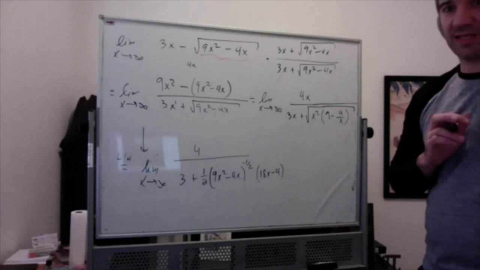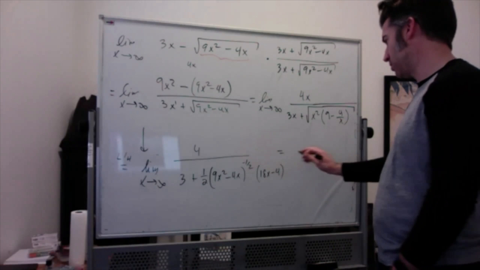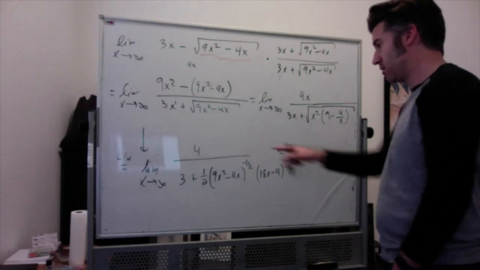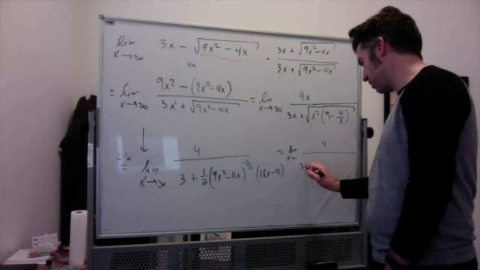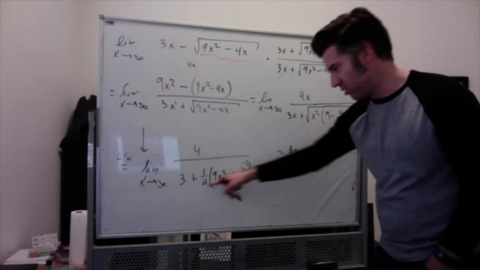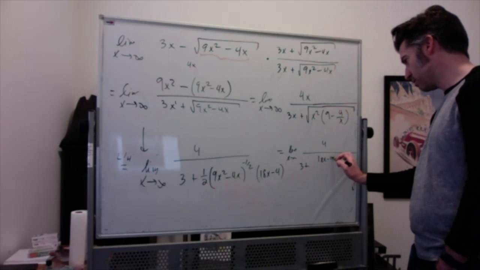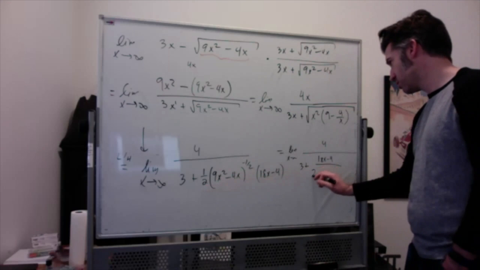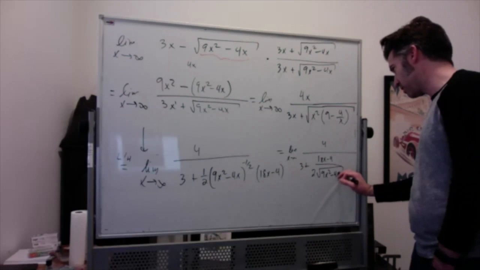And here's why this is looking bad. If I simplify my denominator, I've got the limit as x goes to infinity. The top is 4. The denominator is 3 plus, I'm going to rewrite this whole thing as 18x minus 4 over 2 times the square root of 9x squared minus 4x.